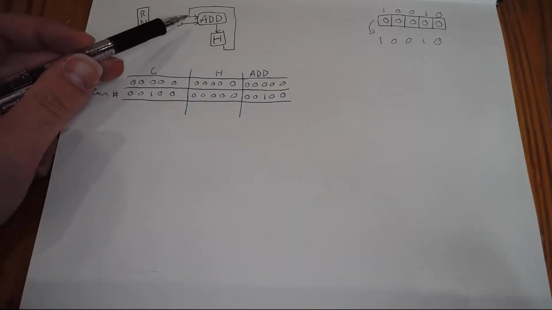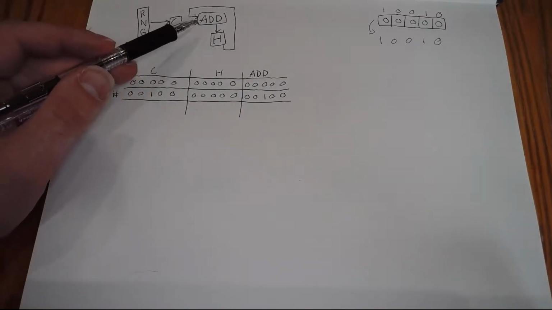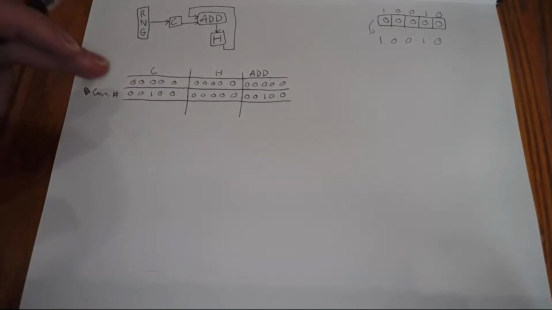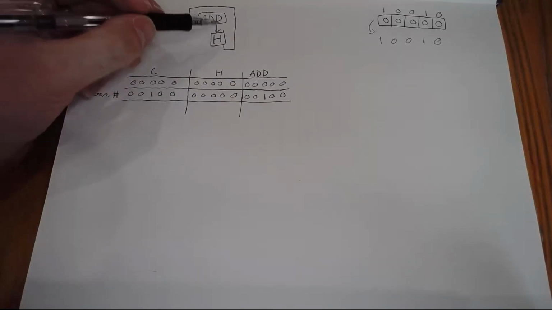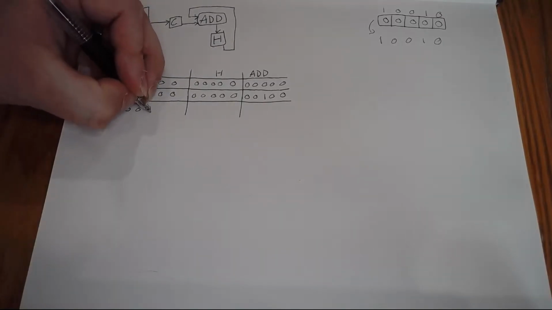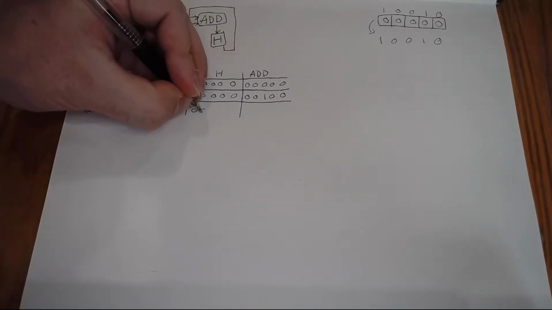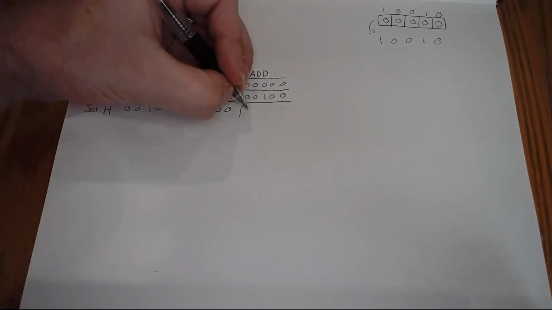All right, so now, because the adder takes in both the card register and the hand register, its current output value is going to be 4, because 4 plus 0 is 4. Now that the adder has the correct output value, we will set H to the current value of the output. So this doesn't change anything about C. This sets H to the current value of add, so 4. And then the adder is actually going to change to 4 plus 4, which is 8.